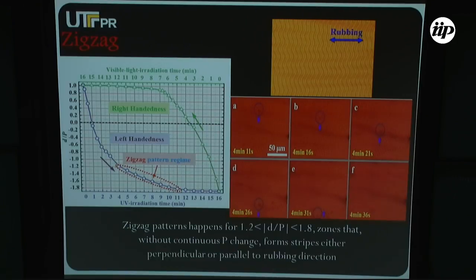If you look at papers, people say that in this area the stripes can form either perpendicular to the rubbing direction or parallel. So when you make a regular cholesteric, you can get either of those. But what happens when you transition from one state to the other?